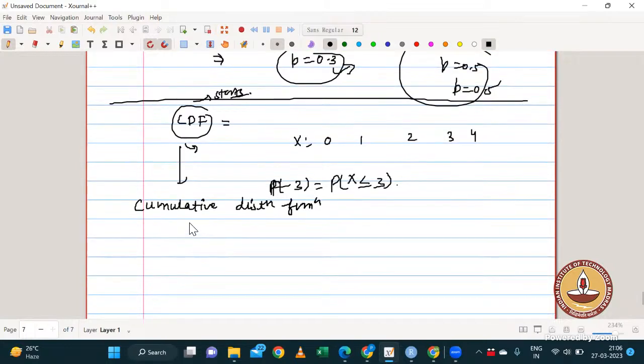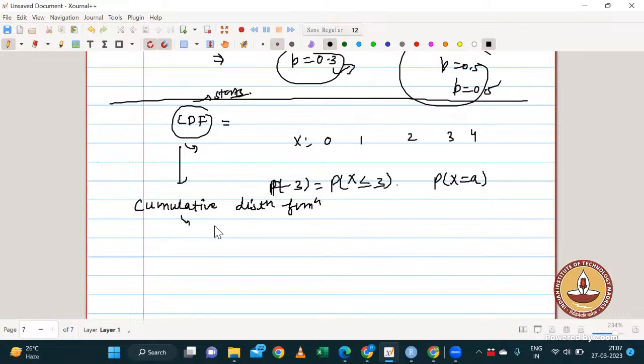If you focus on the wording, it's a cumulative distribution function. In the PMF, suppose I ask what is the probability at x equal to a. But in the cumulative distribution function, I may be interested in the probabilities till a point, not at a particular point.